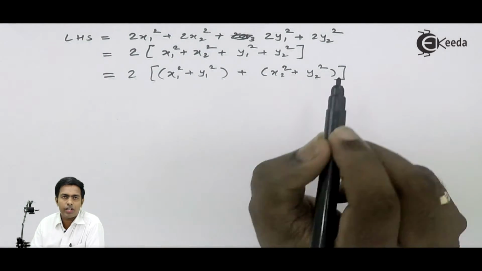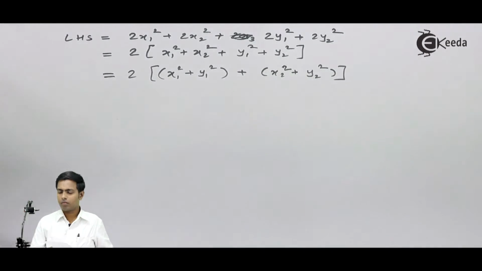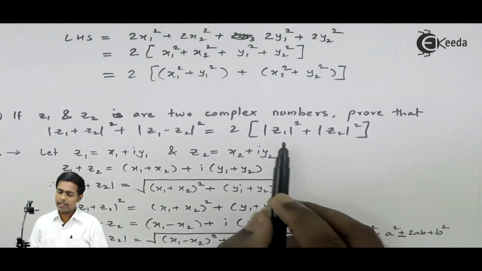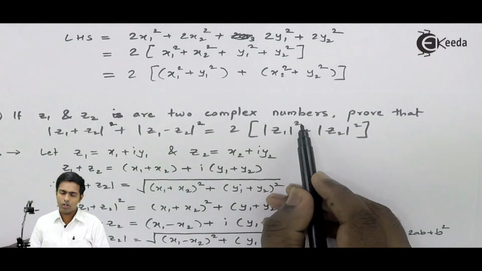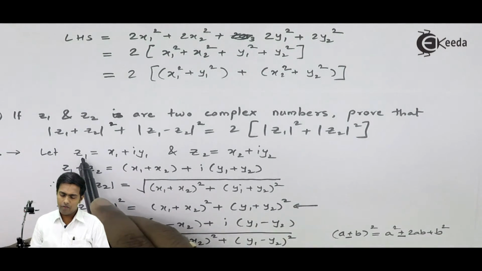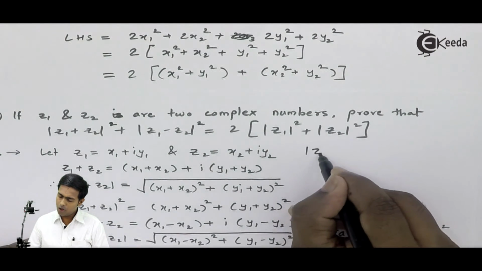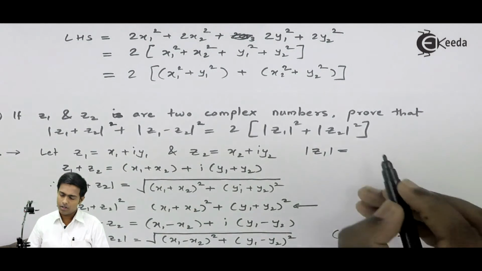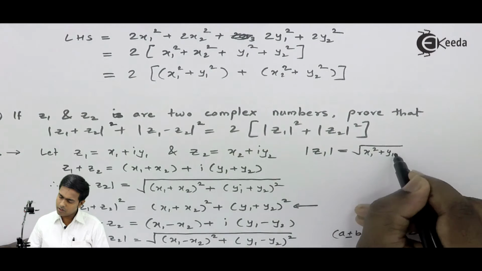Now why am I doing this? Because if you see the right hand side, I will show you. In the right hand side it is asked that we want mod of z1 the whole square. Now let us see what mod of z1 the whole square is. If z1 is x1 plus i y1, then mod of z1 is nothing but square root of x1 square plus y1 square.